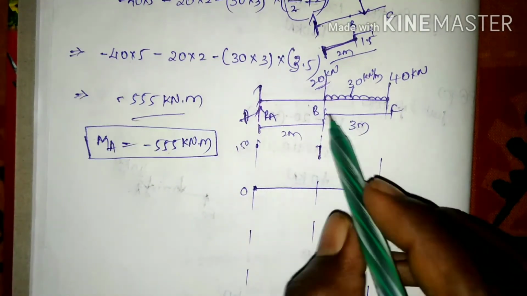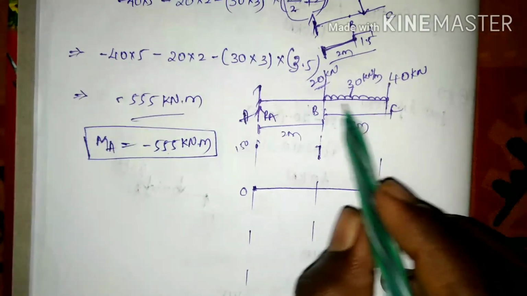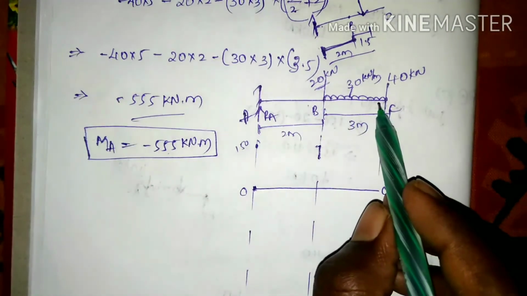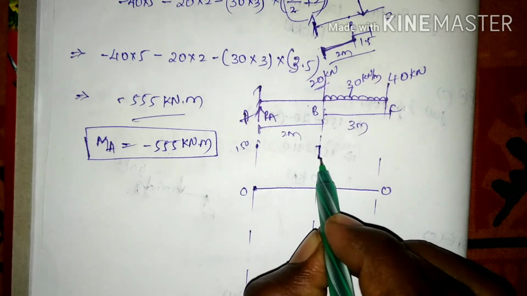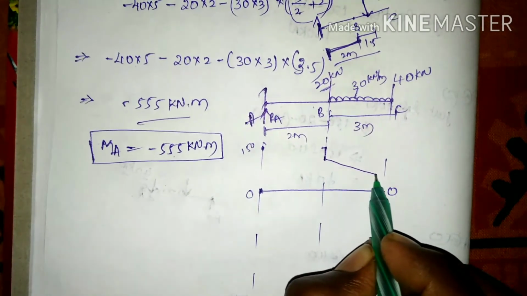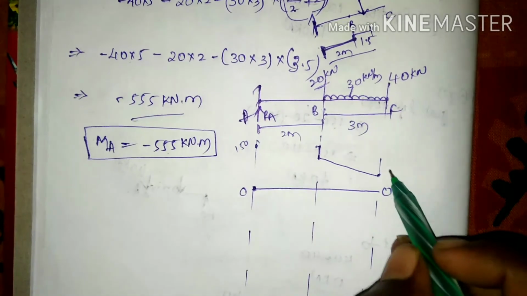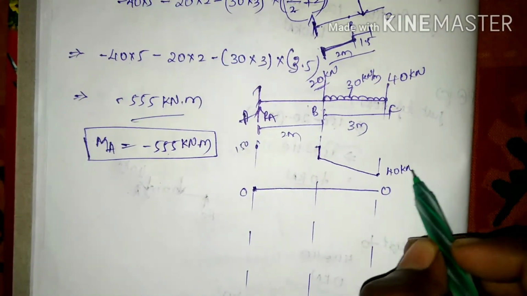And from B to C, I am having a uniformly distributed load, so it is going to decrease gradually up to 40 kilonewtons.